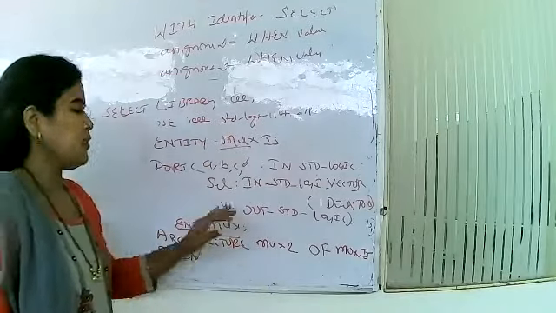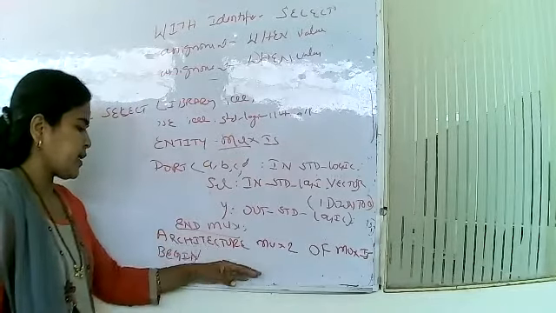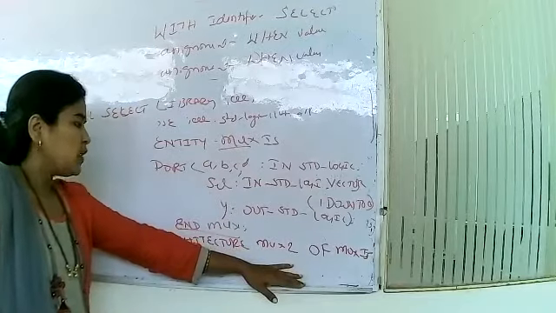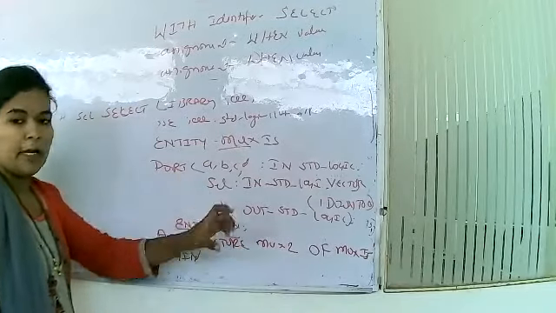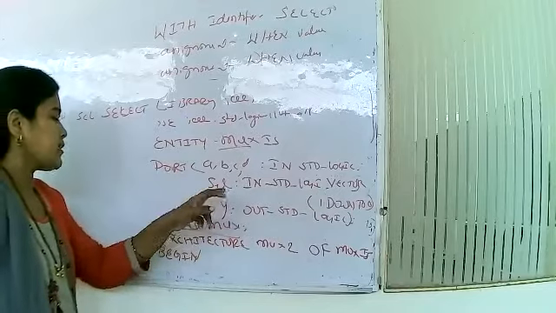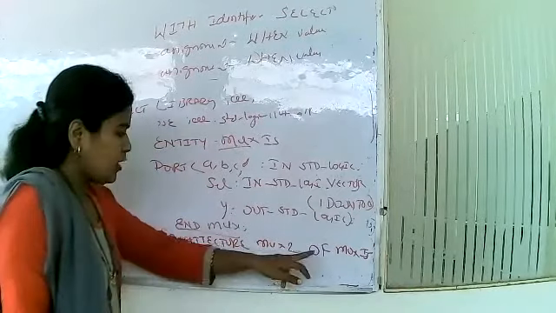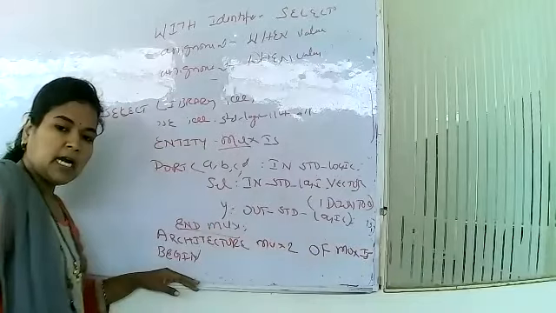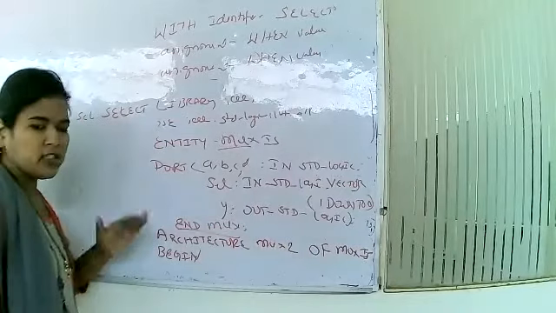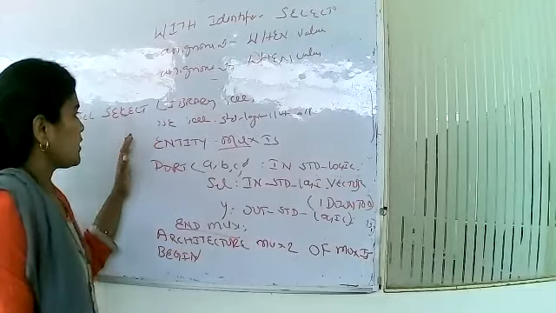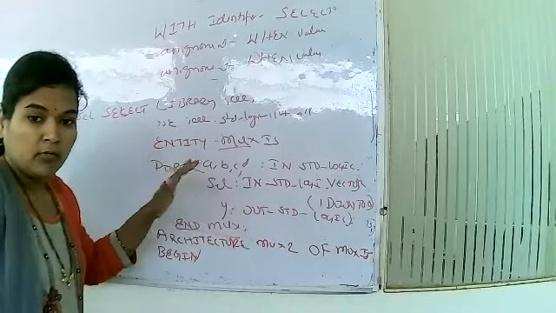When you start with the architecture, you have taken the architecture name as mux2. It should be a different name. Here mux is the entity name and mux2 is the architecture name. Architecture mux2 of mux is begin. So here there is a change: we are using with select when.